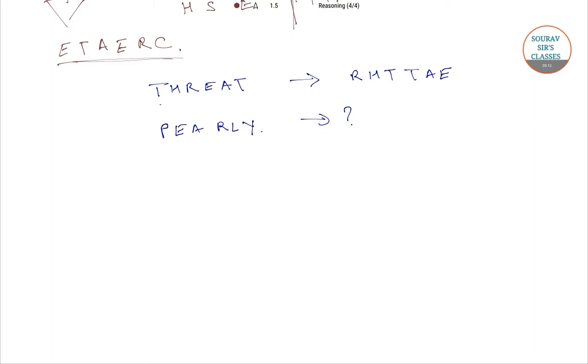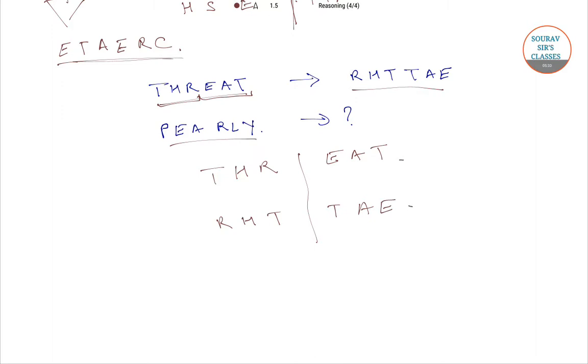Next, suppose threat is coded as this, so how will pearly be coded? So again, threat has even number of letters, so we are dividing it as THR, EAT, and this is the code RHTTAE. Here we can see that they are interchanging among themselves like this.